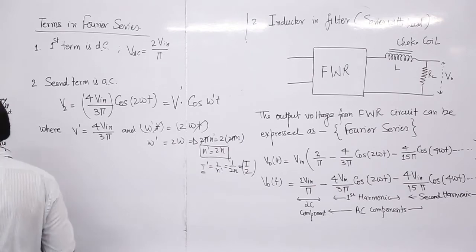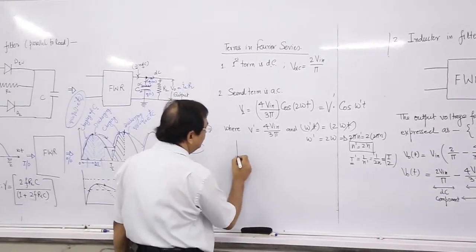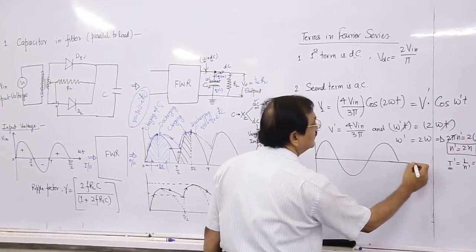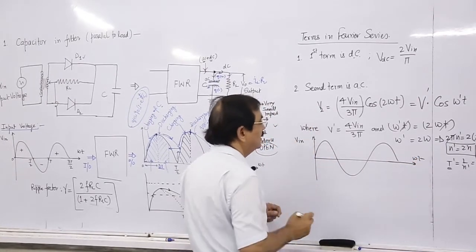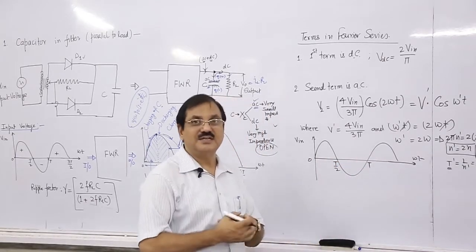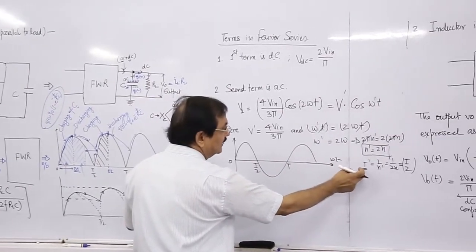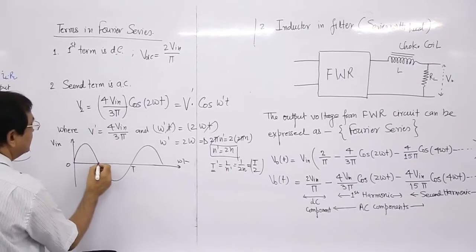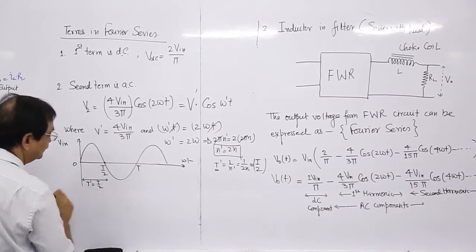How can we visualize? Suppose this one is the input circuit. This is omega t and this is V in. This is 0, this is t by 2, this is t. Now, for this second term, the t dash is t by 2.